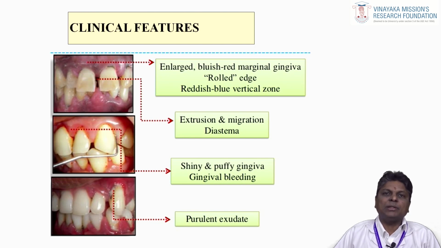At the same time, when the blood sugar level increases, due to C-reactive protein from the liver, the periodontal inflammation will be overheated. So this should be taken into consideration. Multiple periodontal abscesses are one of the clinical features of diabetes mellitus. It is a very important MCQ for your theory examination.